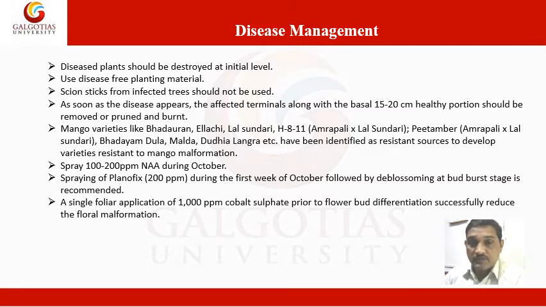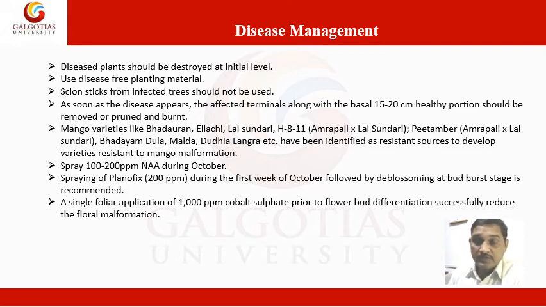Use disease-free planting materials. You have to use disease-free planting material for the orchard development. Scion and rootstocks from infected trees should not be used when you are growing nursery plants, that is scion and stock.